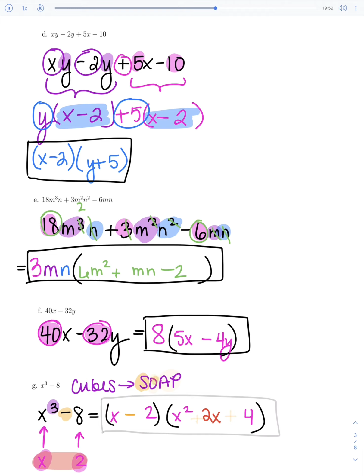The next one is the O, opposite, so that'll be a plus. The next one says AP, always positive or always a plus, so that one's always going to be a plus or a positive. And that's it. Remember, don't even bother trying to do AC method on that trinomial after SOAP. It will never happen, so we are done.